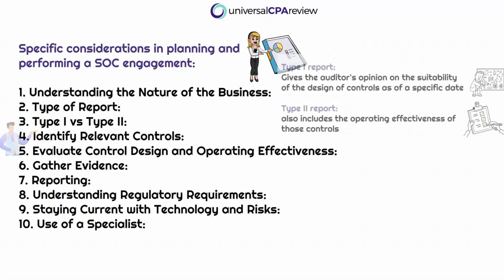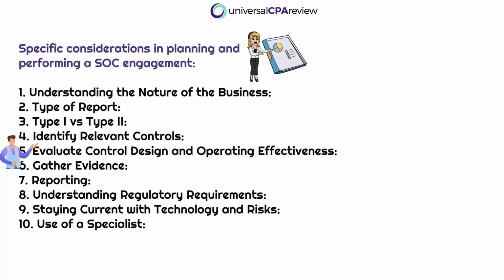We need to know if this is a type 1 report or a type 2 report. A type 1 report gives the auditor's opinion on the suitability of the design of controls as of a specific date, while a type 2 report also includes the operating effectiveness of those controls over a period of time. Understanding the user's needs will help us determine which type of report is appropriate.